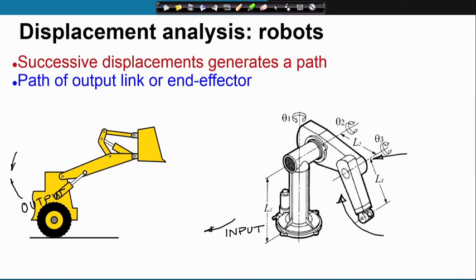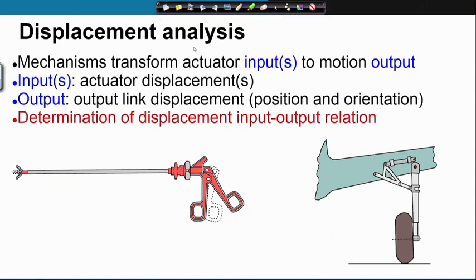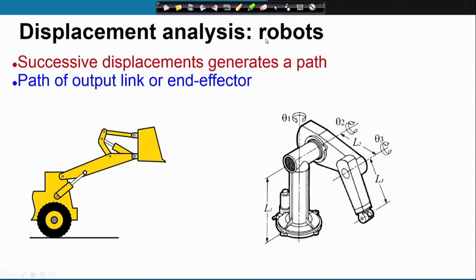In the case of robots, remember that robots are mechanisms with degrees of freedom 2 or more.